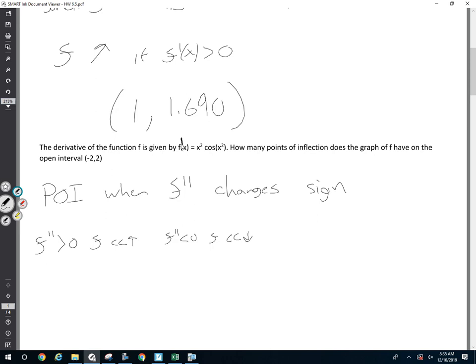This is f prime. Now, we can look at two ways. We could graph f prime, and we can see when the slopes change, because the slopes of f prime are the signs of f double prime, the derivatives of f prime.